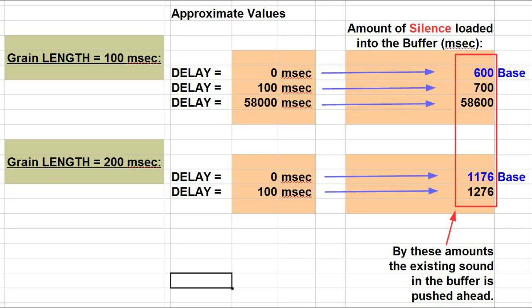The amount of the displacement corresponds to question 2. So, with, for example, a delay of 0 and a grain length of 100 milliseconds, the sound is pushed ahead by about 600 milliseconds. The first 600 milliseconds of the buffer's content are silent now.